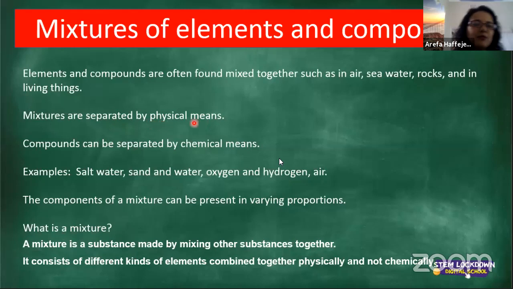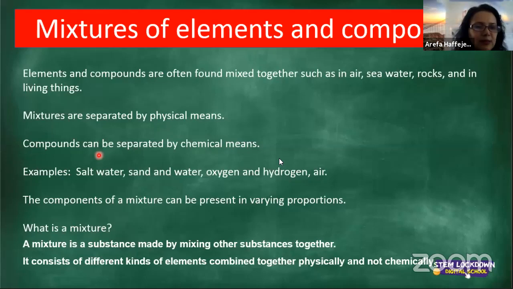That means you have to physically separate mixtures. For example, if you mix rice and sugar, this mixture cannot be separated by chemical means. You have to physically separate the rice and the sugar, which is an extremely difficult task because the sugar is very small.